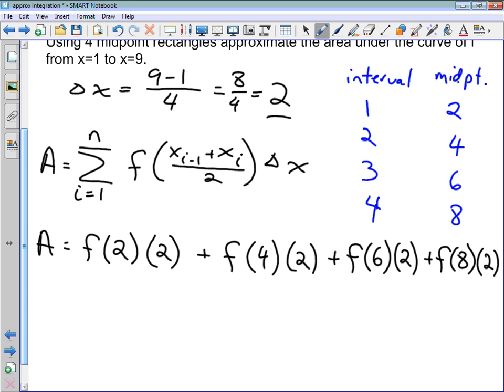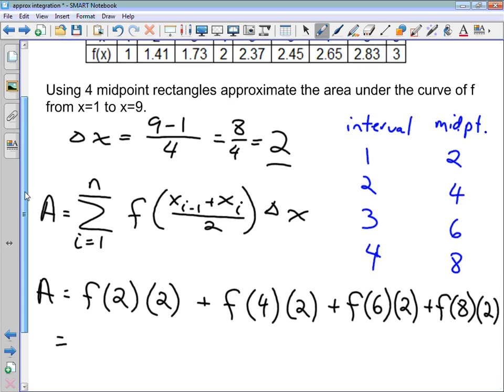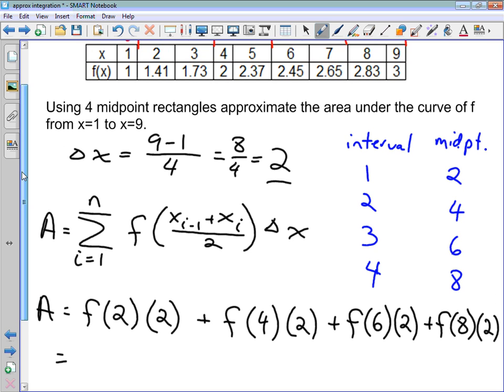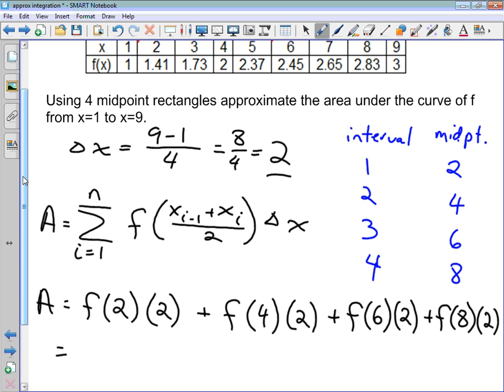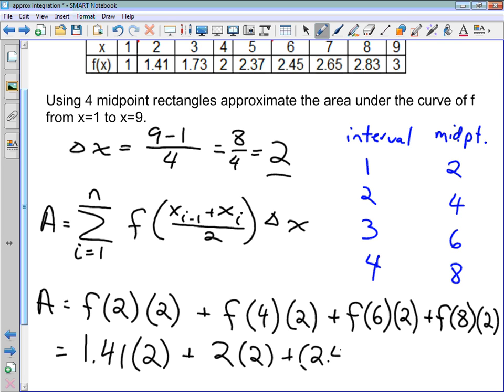And then to evaluate this, we just want to read the values of f that were given up here in this table. So f at 2 is 1.41. We want to multiply that by 2. F at 4 is 2. F at 6 is 2.45 times 2.